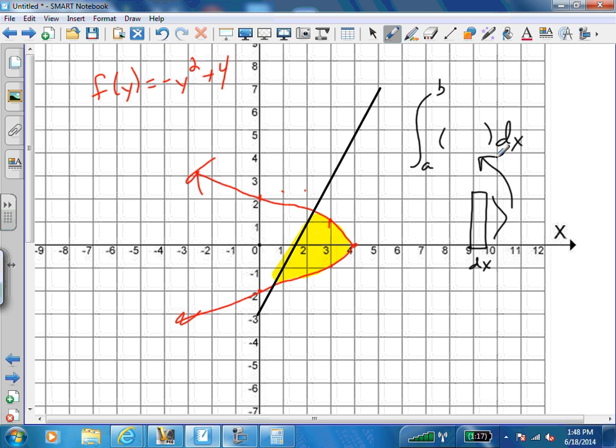But notice, if we were to draw a vertical rectangle, in this region it's not a big deal. The length of this rectangle is whatever this equation is minus that one. But notice what happens over here.